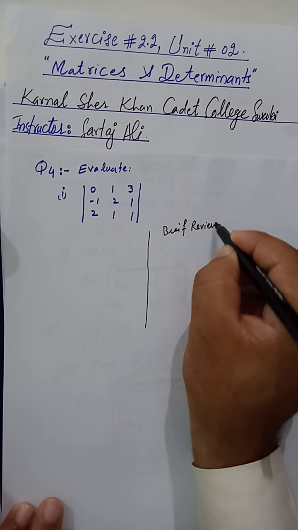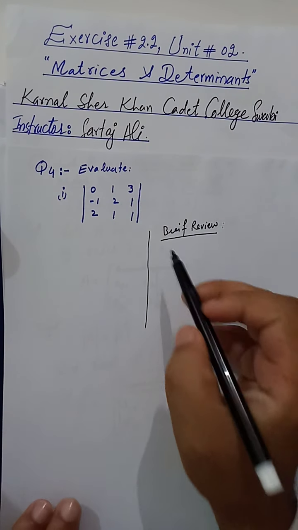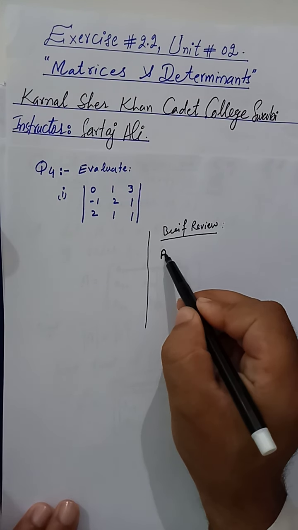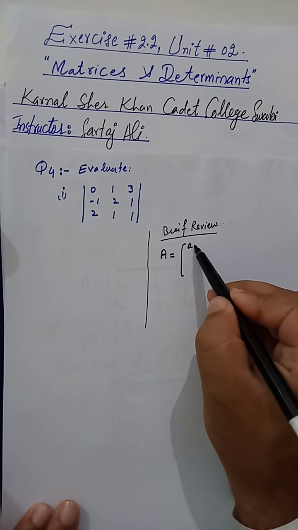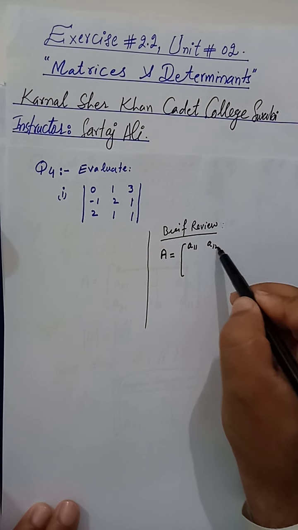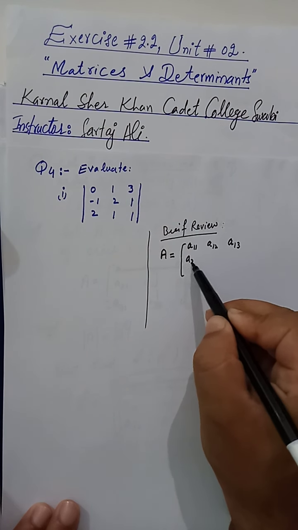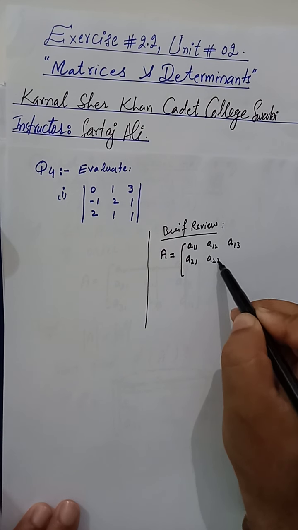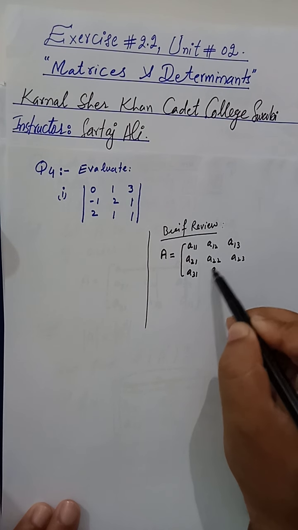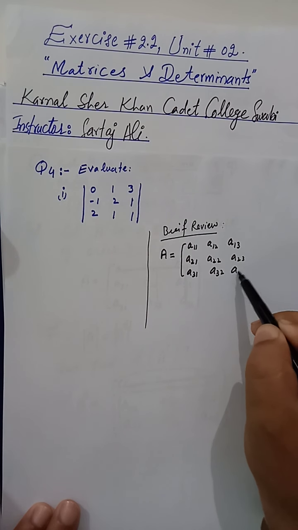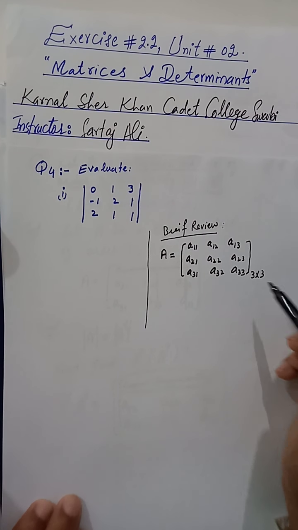If a matrix, let's say A, of order 3 in general form contains the elements in the first row A11, A12, A13, in the second row A21, A22, A23, and in the third row A31, A32, A33, so this is a matrix of order 3.